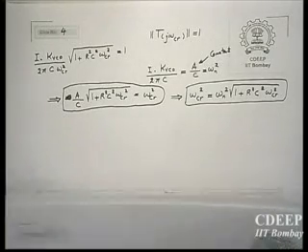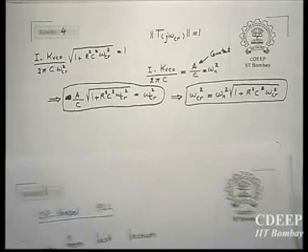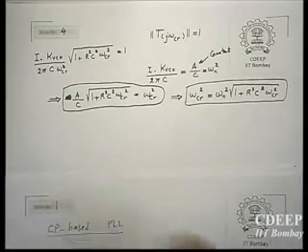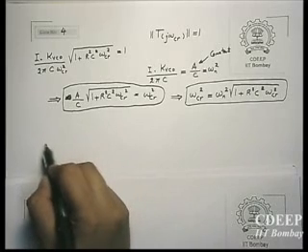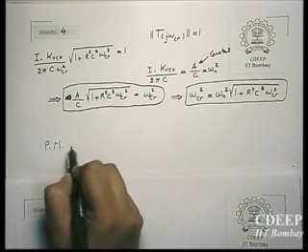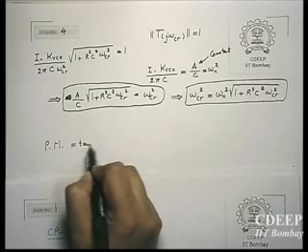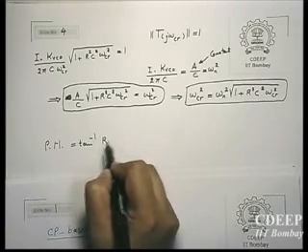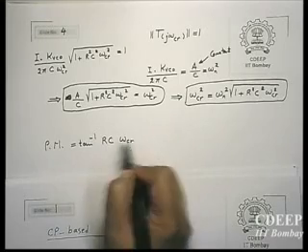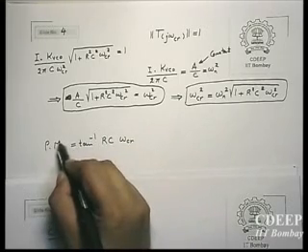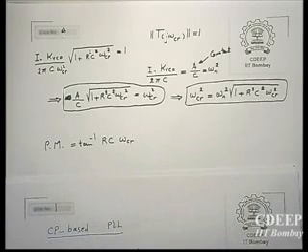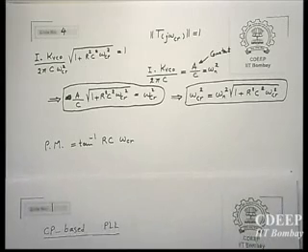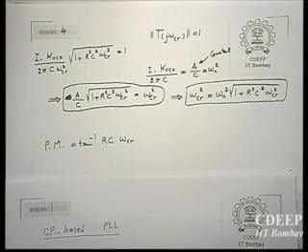And if you want to go with phase margin, instead of zeta, phase margin is given by tan inverse RC omega crossover. Because you have only one 0, it will be only this.